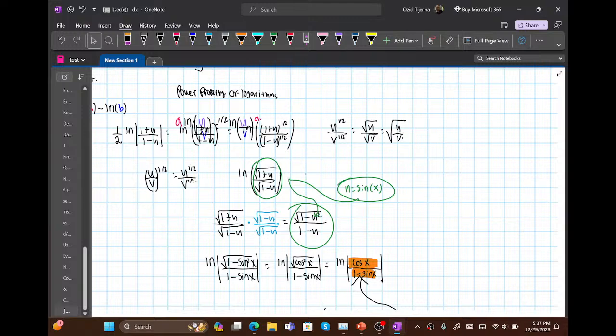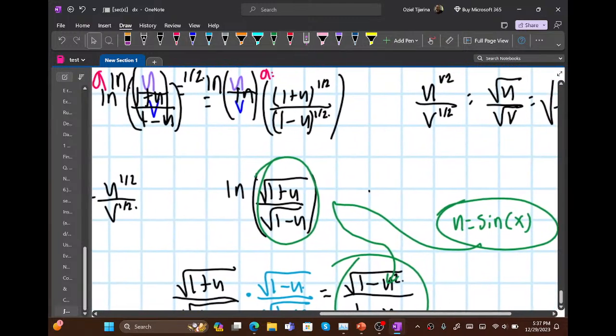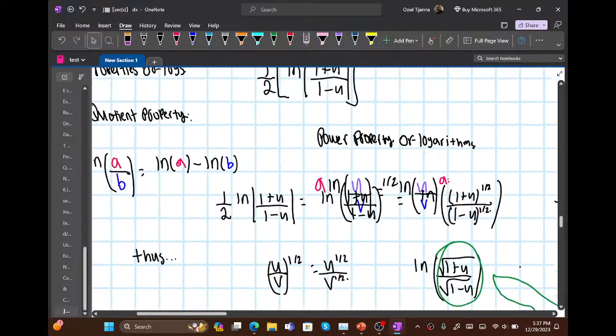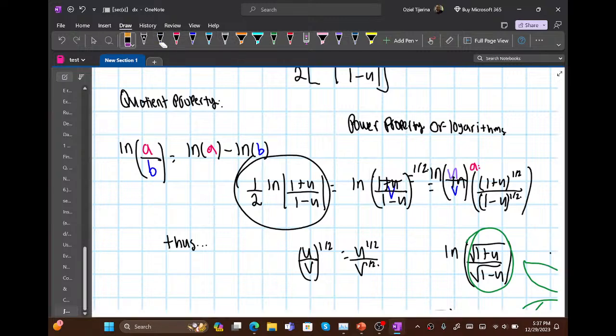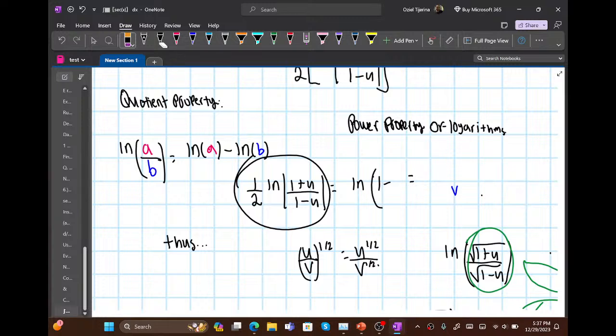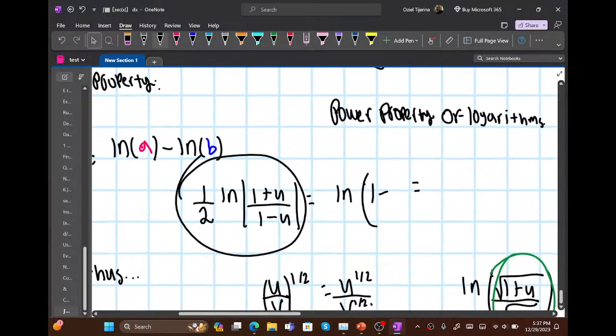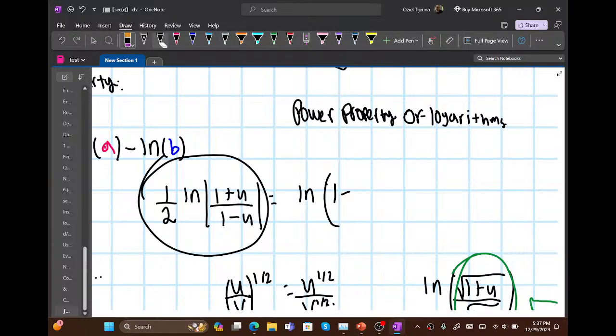Okay, so this is what I'm saying. The square root, when I did to the 1/2 power, I mean, really, it was right here, right? I just don't know why I put this stuff over here. Let me rewrite this part. This was ln of 1 minus u, or 1 plus u, and it was to the 1/2 power.